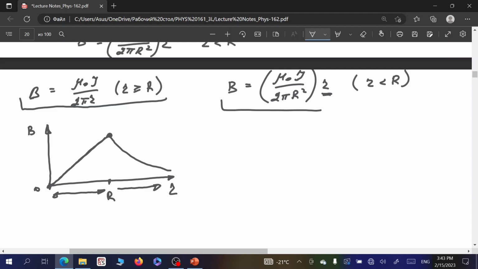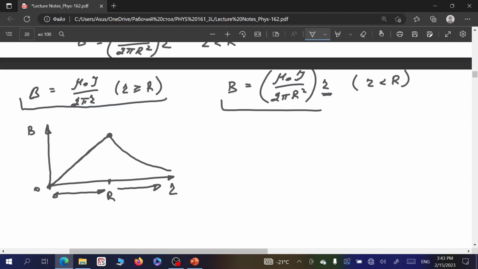It tells us that the integral of the scalar product of the magnetic field vector and ds vector along a closed loop of arbitrary shape will always be equal to the product of mu naught and current I. This current is the current which flows through the area of this closed loop.